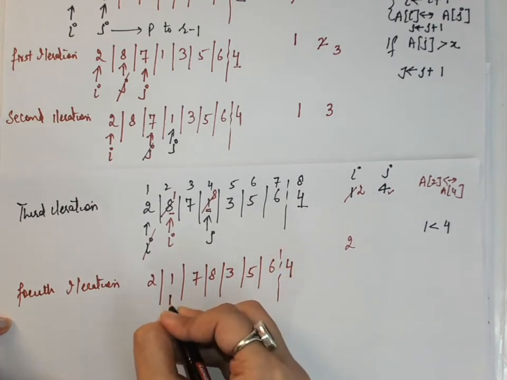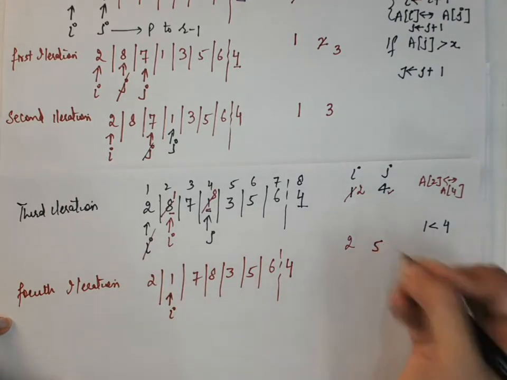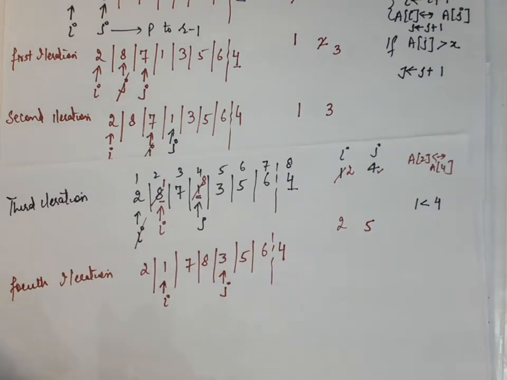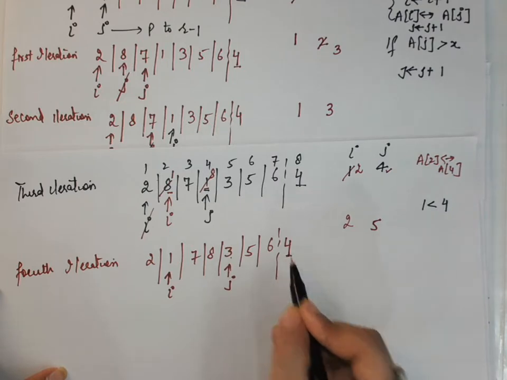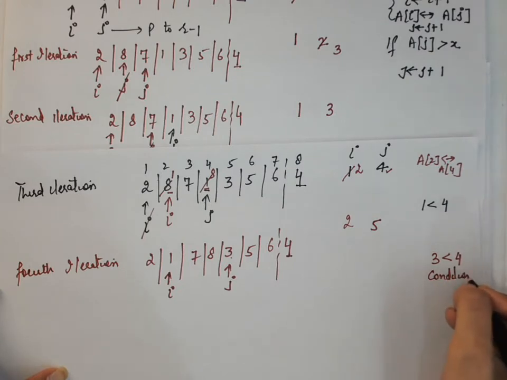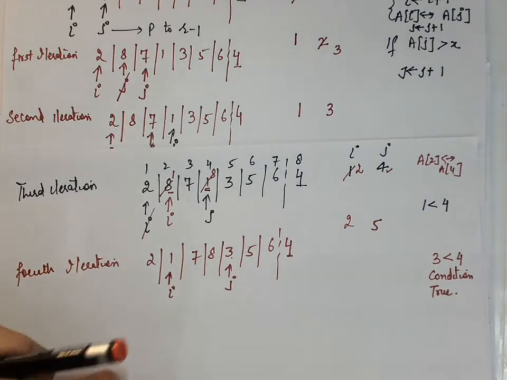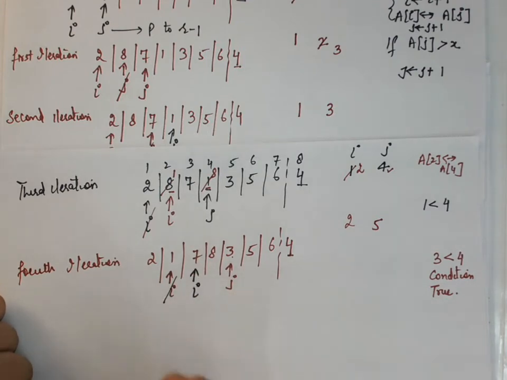Now my i is here, now j is incremented by 1. Now my j is here. Now check, this a of j is less than 4. Again 3 is less than 4, condition true. So we have to increment i by 1, means we have i here.